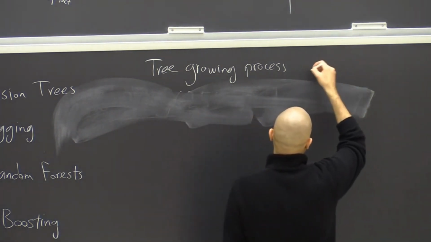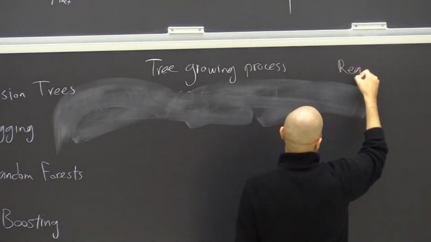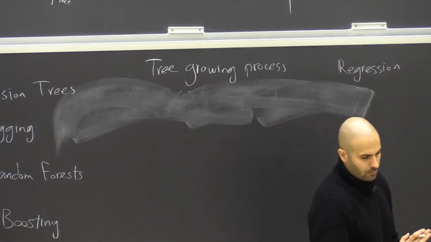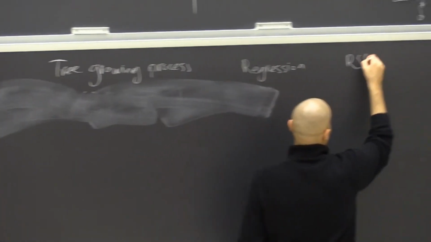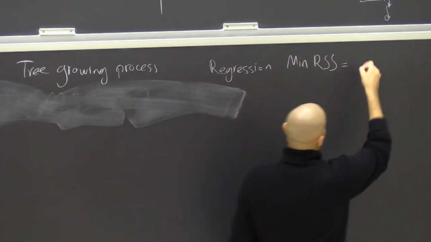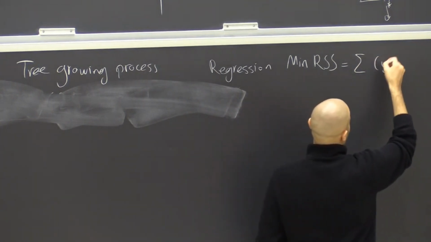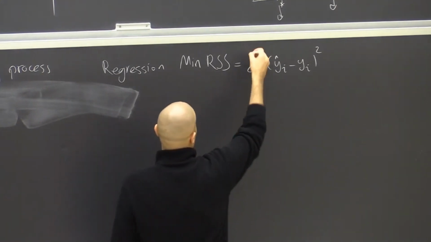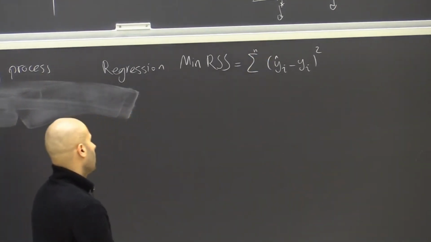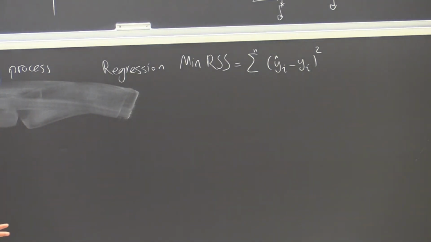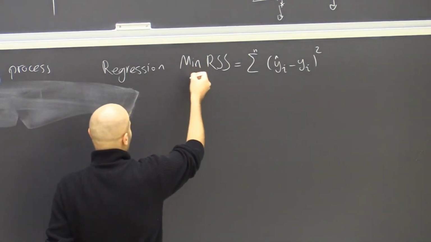In the case of a regression tree, our loss function would be RSS. So we want to minimize RSS, and RSS is equal to the sum of (y hat i minus y i) squared over n data points.